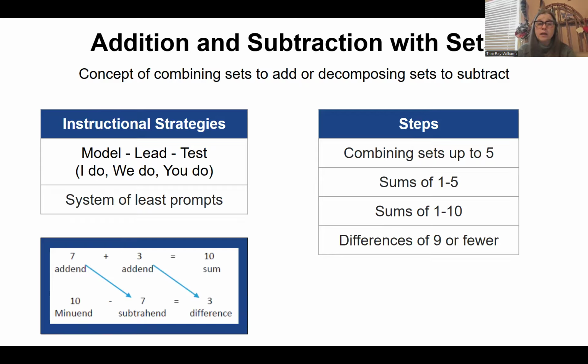And then when we look at the alignment and the association, how addition and subtraction are related, you can see that we would teach addition first, and then we would teach the inverse of it, which would be our subtraction. And again, here's just showing you how the addend is related to the subtrahend. And if you're not used to that vocabulary, I don't use it very often either, but that is the correct vocabulary for addition and subtraction.